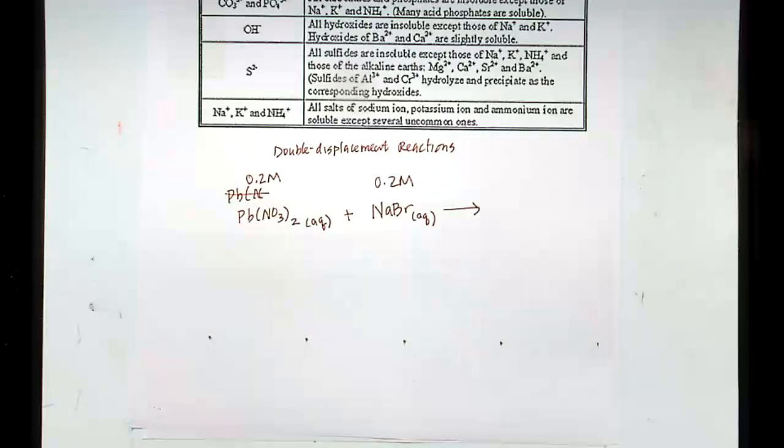Okay, you guys see it? So we mixed two things that were colorless, aqueous, and we got something that's white and cloudy, and there's definitely a precipitate there. Okay, let it settle.